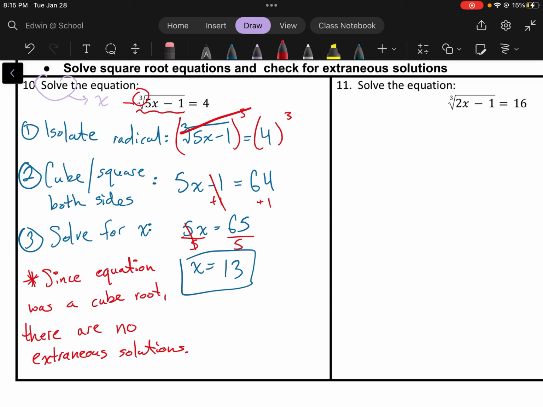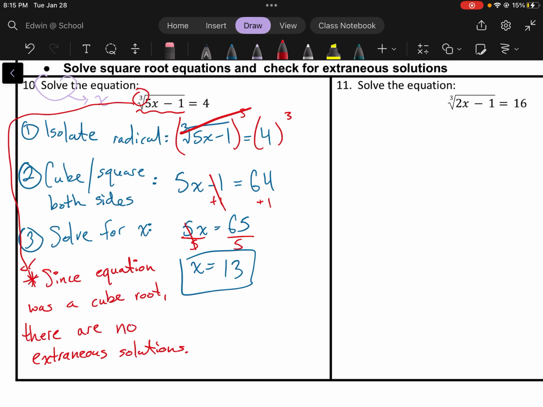So basically, if we have a 3 in the very front, there are not going to be any extraneous solutions, assuming we did the math right. Now you could still plug it in to see if you got the right answer, but at this point, it's not entirely necessary to check if it's an extraneous solution.